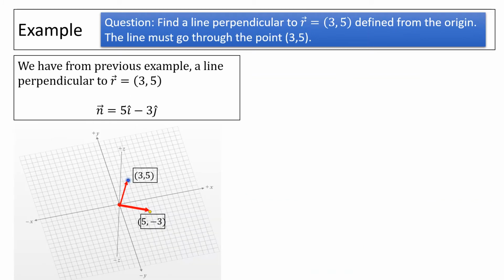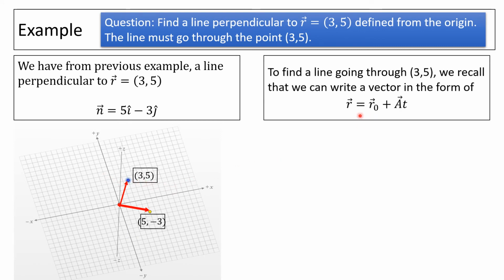Now to make things more challenging, what we can do is to find a vector going through a given point. In this example, we have this r vector, that is this line, and what we have done was to find a vector perpendicular to this OR vector, which is this vector n, given by 5i minus 3j. Now we want to find a vector that is perpendicular to R but going through this point R. How do we do this?